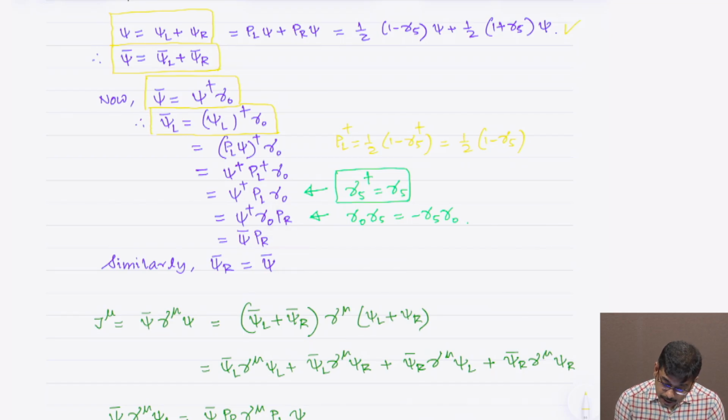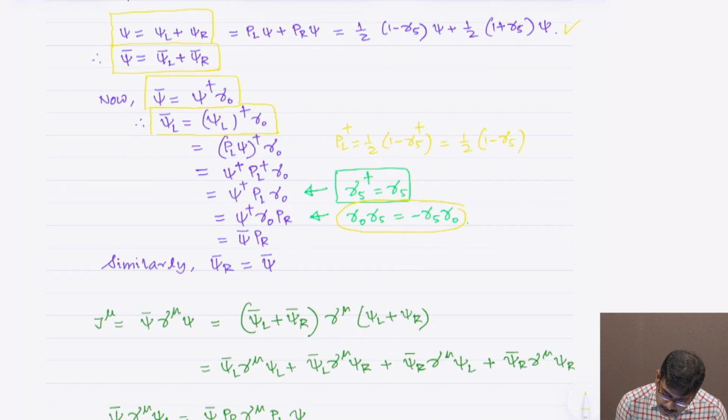Now, however, gamma 0 gamma 5 is essentially minus gamma 5 gamma 0. So, this quantity like PL gamma 0 can always be written as gamma 0 PR, just because there is a negative sign which you obtain when you do this anti-commutation relation between gamma 0 and gamma 5. So, let us see it explicitly.